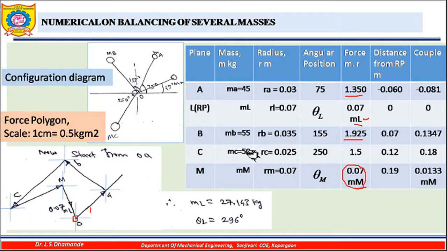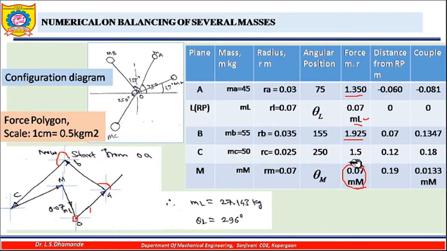For B, the angle is 155 degrees. So from here I will draw a line at an angle of 155 degrees. I draw A to B with a magnitude of 1.925 divided by scale. Then from here I will draw the third, C, at an angle of 250 degrees.